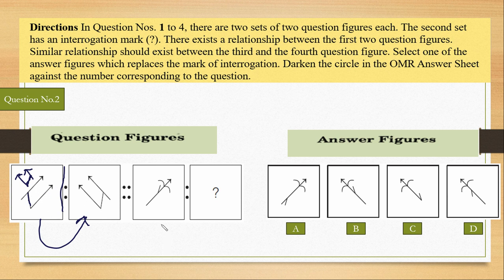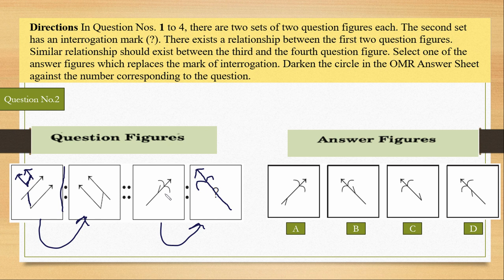So we have to apply the mirror image method here. The relation is mirror image. In the mirror image, as you can see, this arrow is in this diagonal, so it should go in the opposite diagonal, like this. And these two things are the same. It will be like this, in this direction. How about this small part?